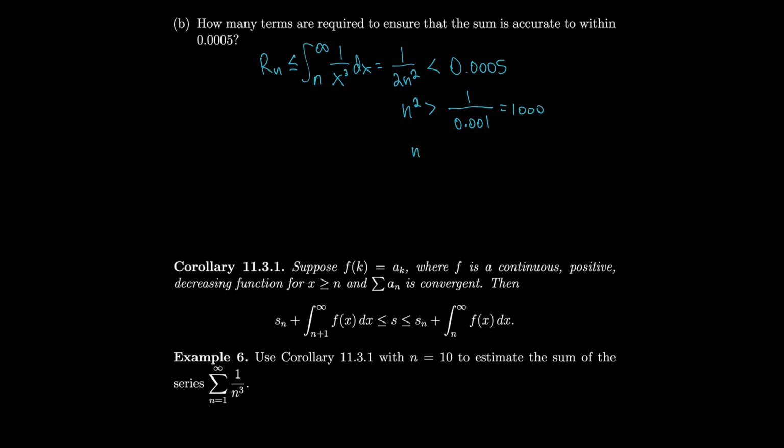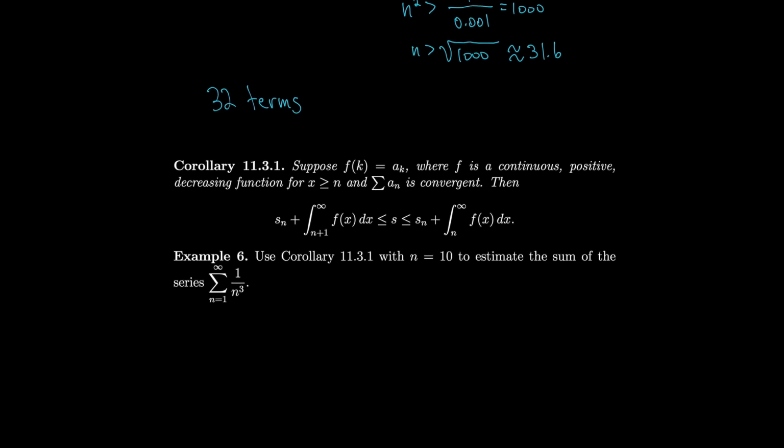So that means that n should be greater than the square root of 1,000, which is about 31.6. So it looks like we need 32 terms to be on the safe side.